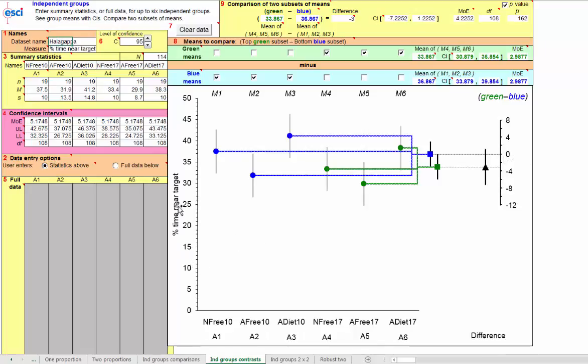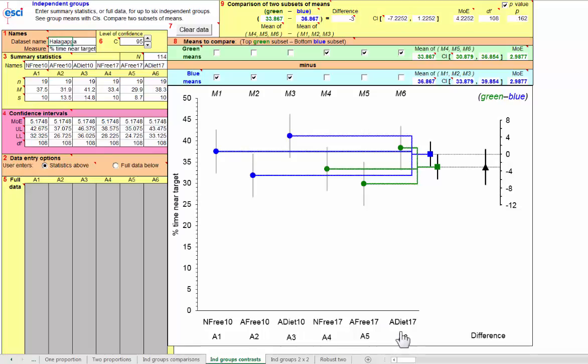And now if you know about percentage points of time near target, we can interpret this. It doesn't look like a very great difference, about 3 percentage points difference. And the confidence interval is moderately long compared with that, so we don't have any evidence that old and middle-aged mice are performing differently.